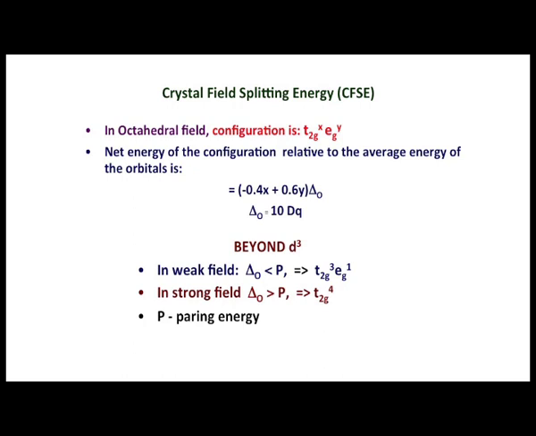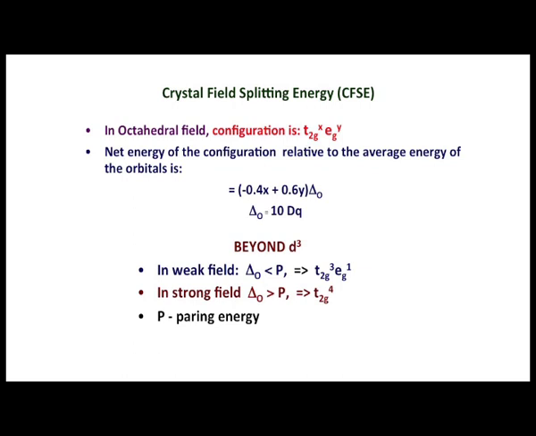That choice will be dictated by the amount of splitting, whether delta O is appreciable compared to P. If it is higher than P, this electron will come to the lower level, otherwise it will be in the eg level. So, the weak field situation gives 4 electrons in these levels, 3 in t2g and 1 in eg, and all of them will be unpaired. So, we get a high spin situation.